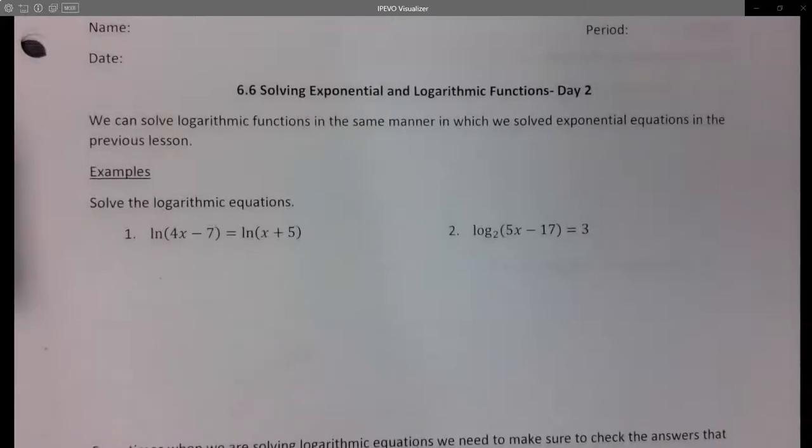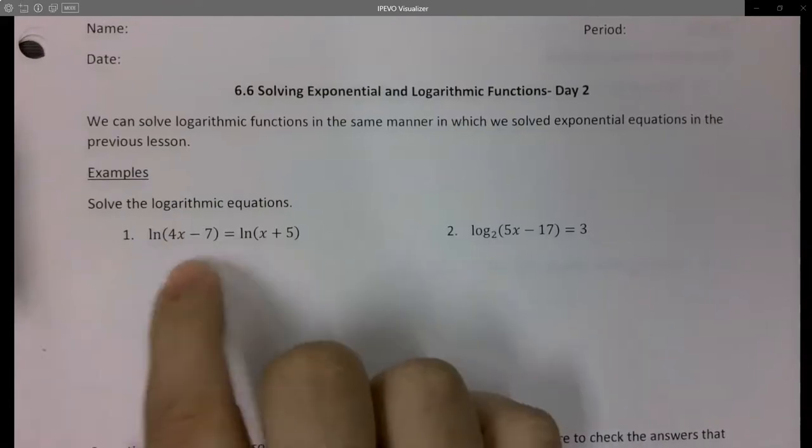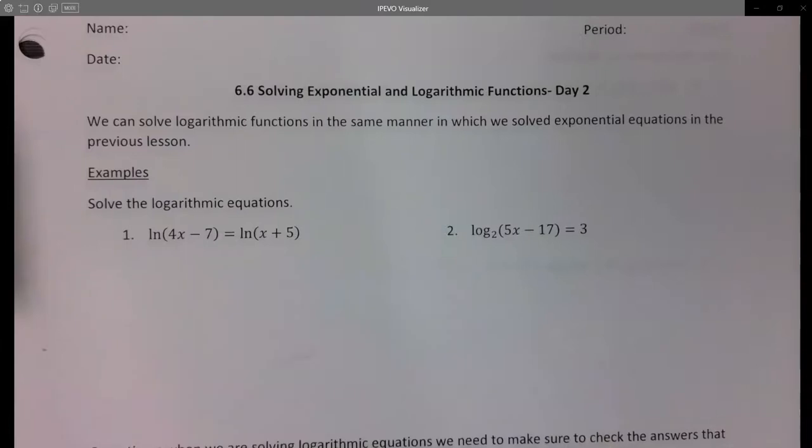So we can solve logarithmic functions kind of like how we did the exponential equations yesterday. This first one, notice I have ln on both sides, and then I have some things in parentheses.